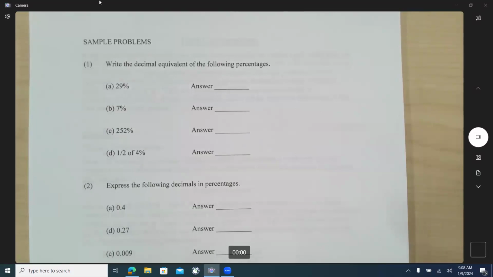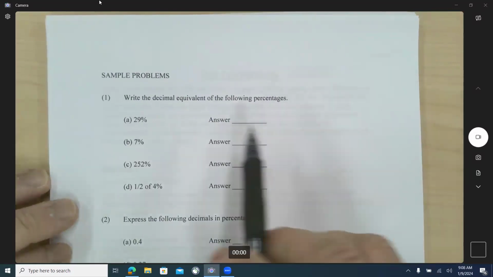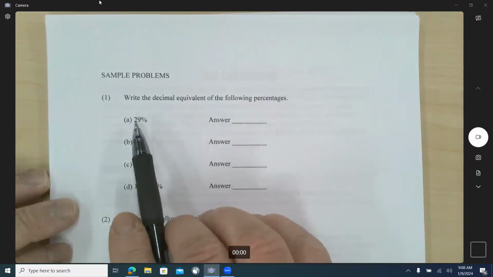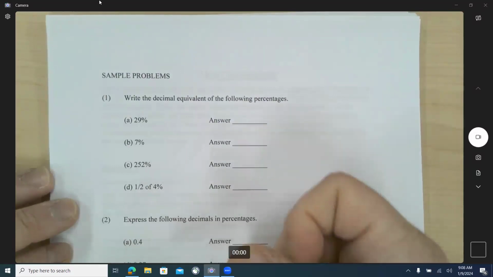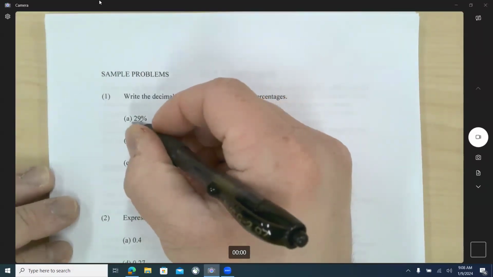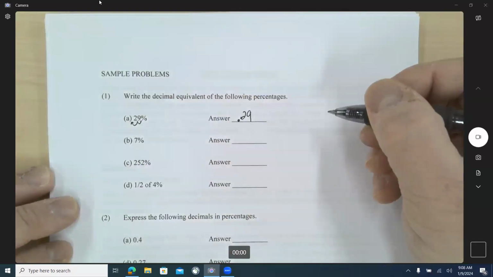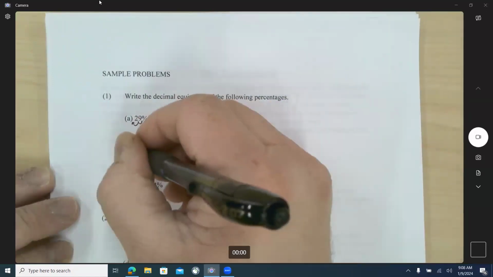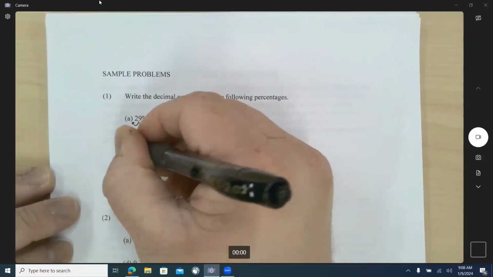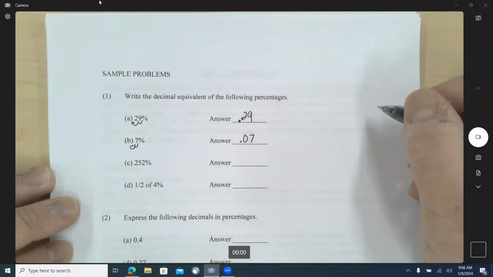So, all right. Write the decimal equivalent of the following percentages. What I need to do is convert these percents to a decimal. Well, there's a decimal here, so I go 1, 2 places to the left, which makes this 0.29, right? 7% is a decimal. Remember, 1, 2. Fill any blanks with a 0. So 0.07 here.